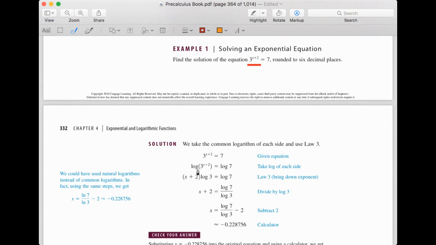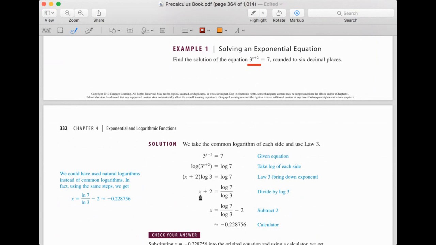So we use ln on this side and ln on this side. Now we can bring down this exponent, x plus 2, to the front of ln 3. Now we can divide by ln 3 on both sides. So we have ln 7 divided by ln 3 equals x plus 2.